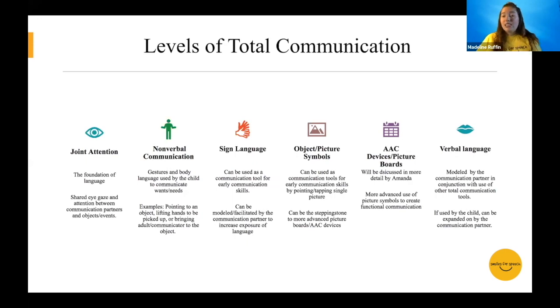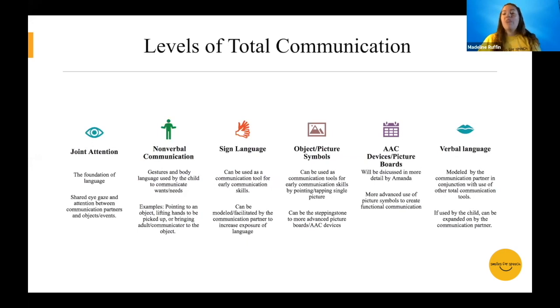So object, picture, and symbols can also be used as a communication tool for early communication skills. We can start by pointing and tapping a single picture, and then build into more advanced picture boards and AAC devices, which Amanda will discuss in more detail a little bit later.